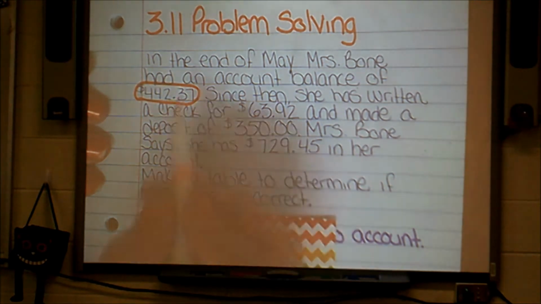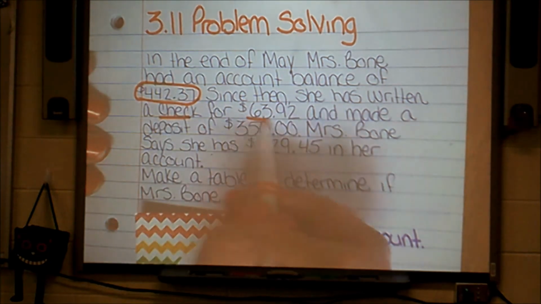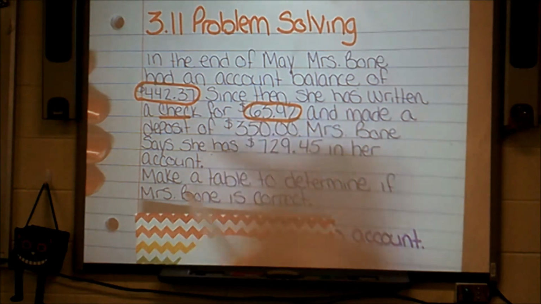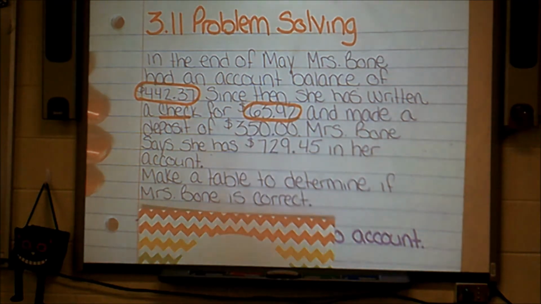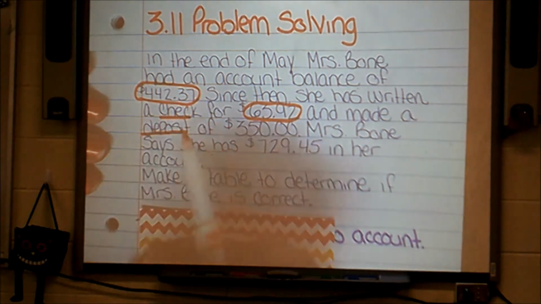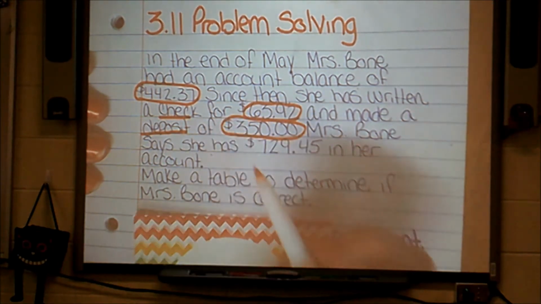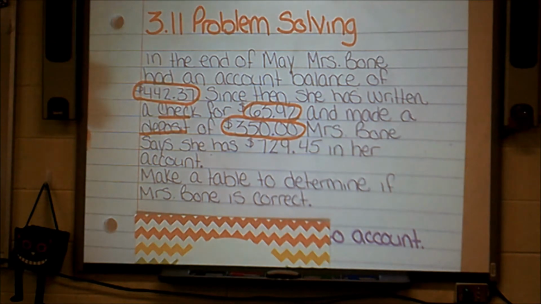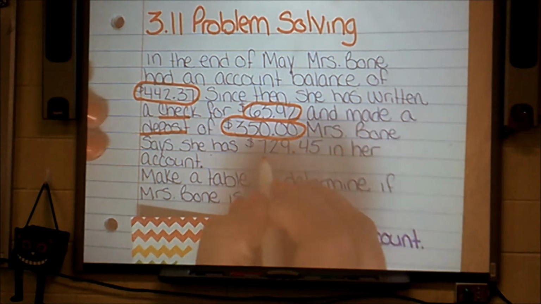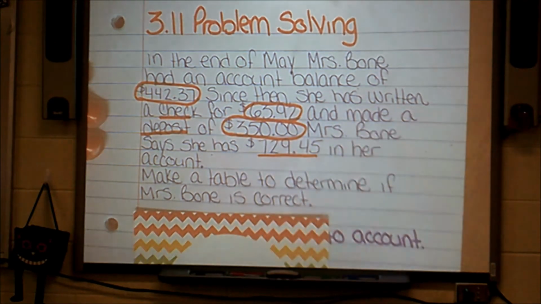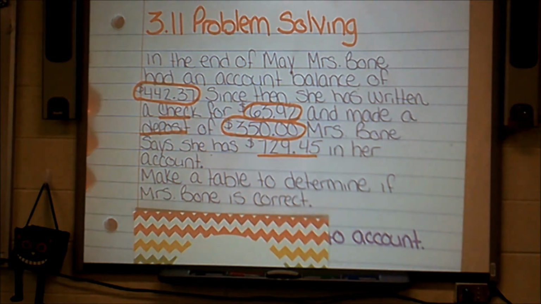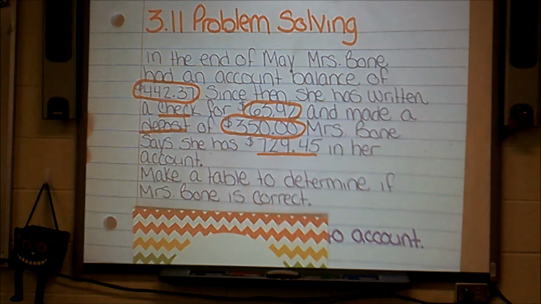And then it says she writes a check for this amount. And then she makes a deposit for this amount. And then her total that she says she has is right here. So we want to see if she is right or if she's wrong.